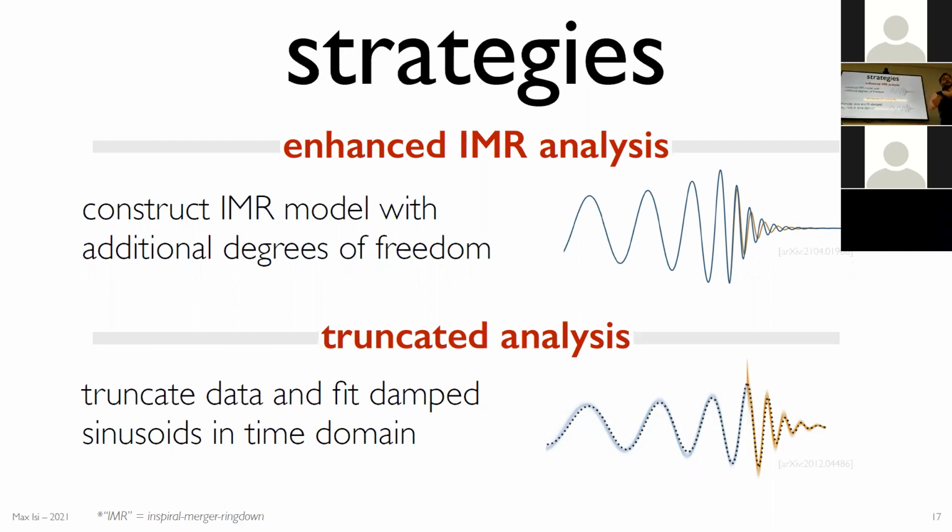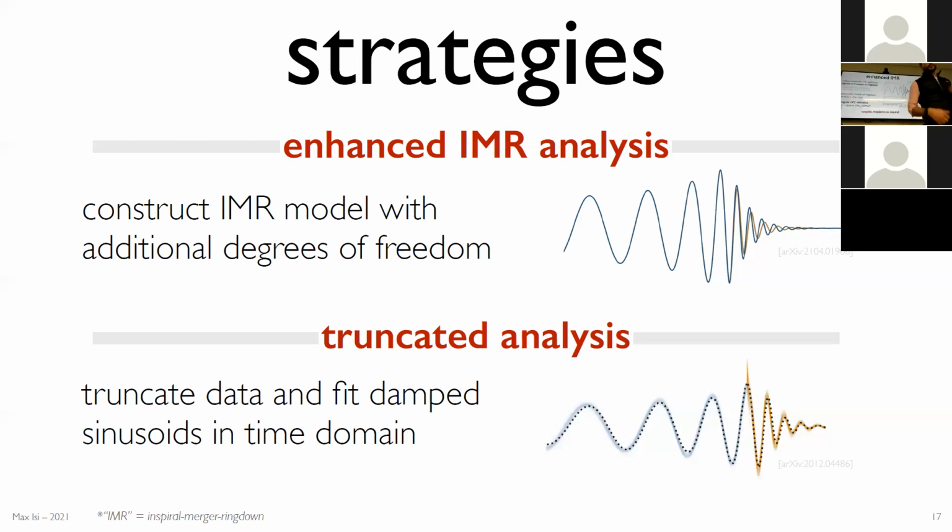We can enhance these models with artificial degrees of freedom that allow the waveform to deviate in the later part that could absorb deviations in the quasi-normal modes, and we could try to measure those by analyzing the whole waveform at once. The other strategy is, well, that sounds complicated. Let's just chop the data at some point where we think the ringdown starts and look only at data after that and try to fit sinusoids directly to this and extract frequencies and damping rates.